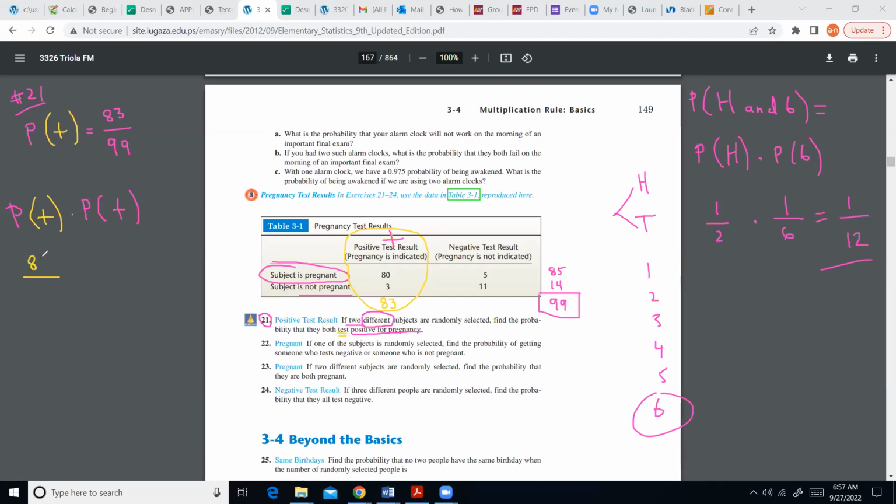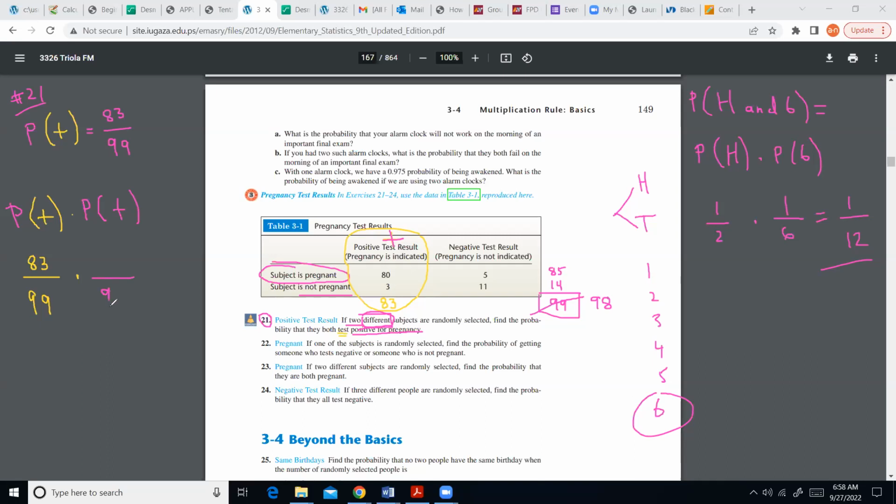So you want to test a different one. I copy the first one the way it is, and now I use the multiplication rule, just like in the previous exercise. We now have 98, one less subject, because we want to select a different one. You cannot choose the same, so no longer do you use 99. One is gone, one less.